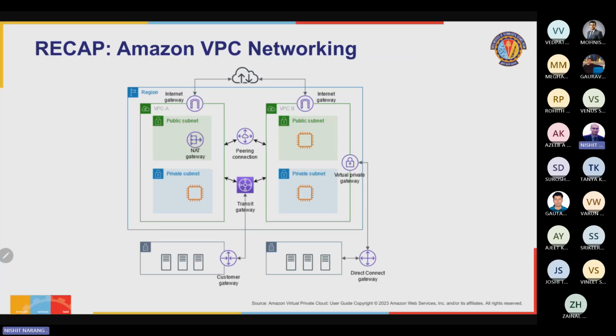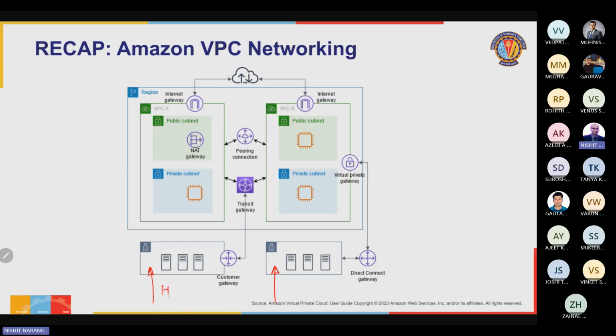Okay, so quickly, to recap, this is the slide that we had seen when we looked at an example VPC created on an AWS cloud infrastructure. We saw that this is what a typical VPC looks like. Especially with a hybrid cloud environment, you will have some on-premise networks.